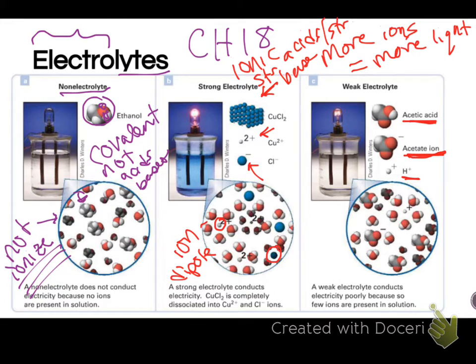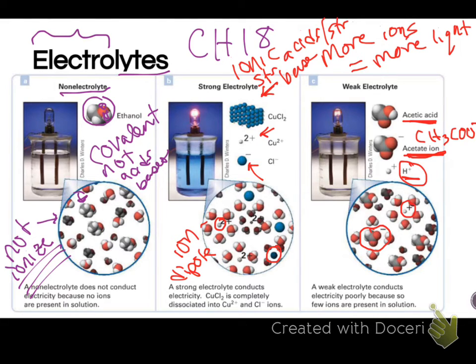This is an acid, so it loses a hydrogen, and it leaves behind CH3COO minus. That's acetate. If you forget that, the name is on the back of your periodic table that I gave you. So acetate ions are charged. Here's an acetate, and it's going to get surrounded by waters with the hydrogen pointing inward because it's a negative particle. And then over here we have the hydrogen ion.